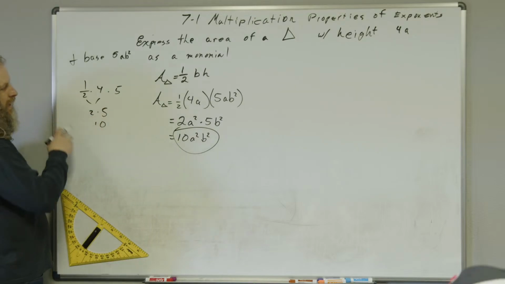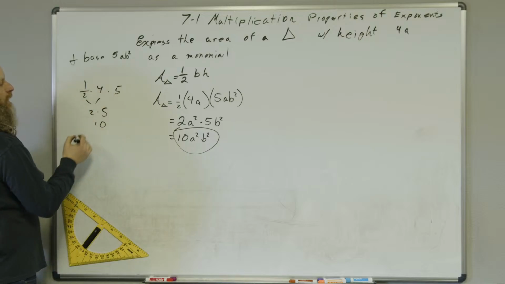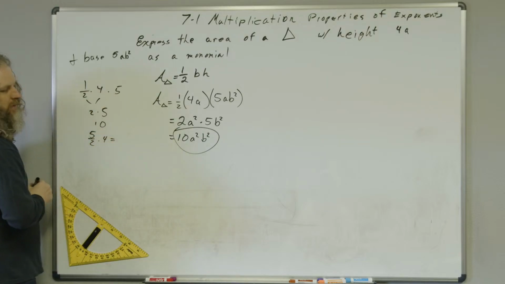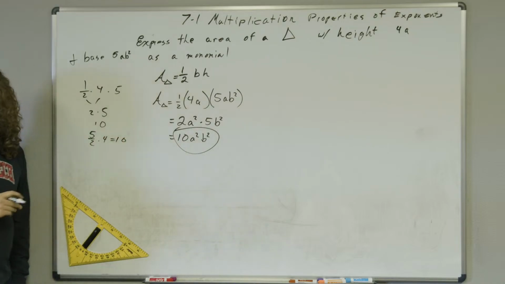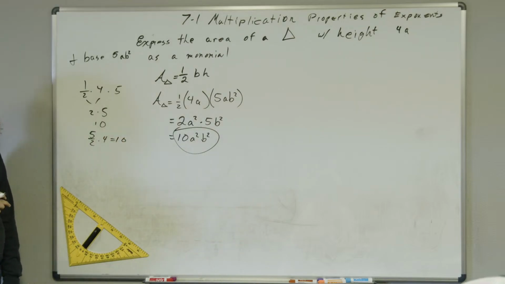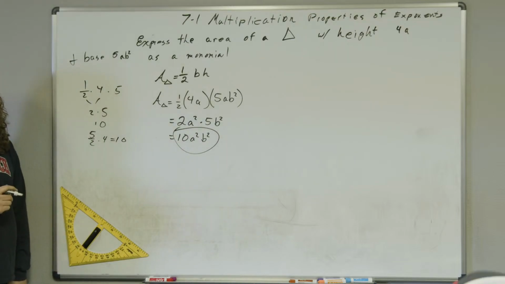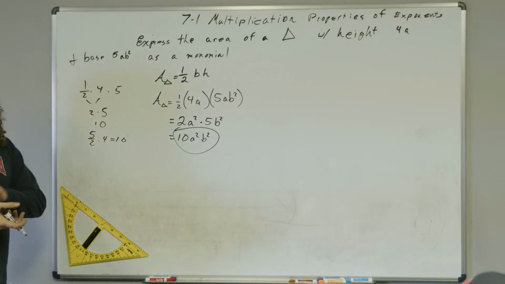If you would have done it the other way around, 5 times 1/2 is 5 halves times 4, which is still 10. Or 4 times 5, which is 20, times a half is still 10.